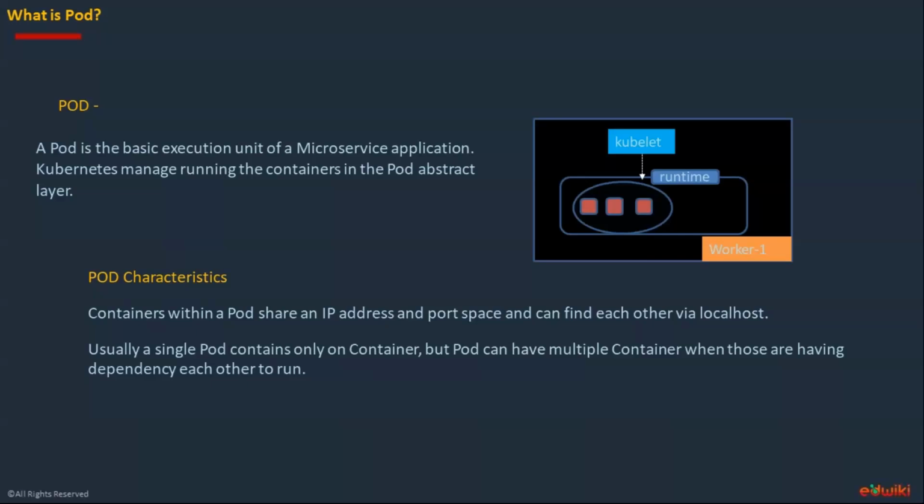How many containers are there inside a pod? That many applications are actually running, correct? Because each container is running one application. If I have a total of 3 containers inside a pod, then there will be 3 applications running inside a single pod. But whenever you plan to run multiple containers in a single pod, you should always ensure that only one container has the main application.